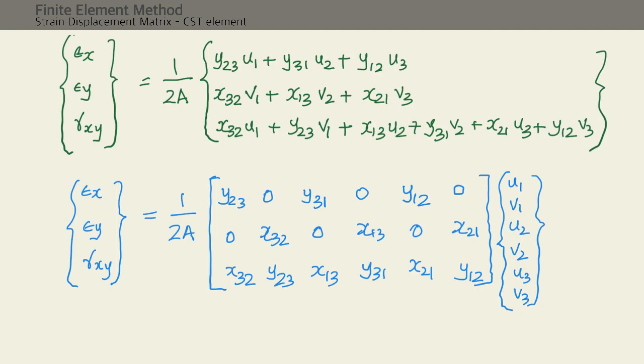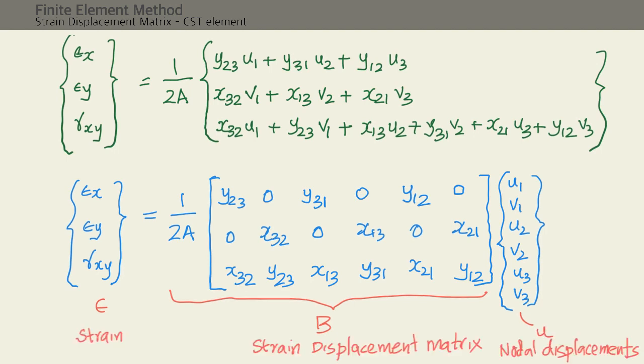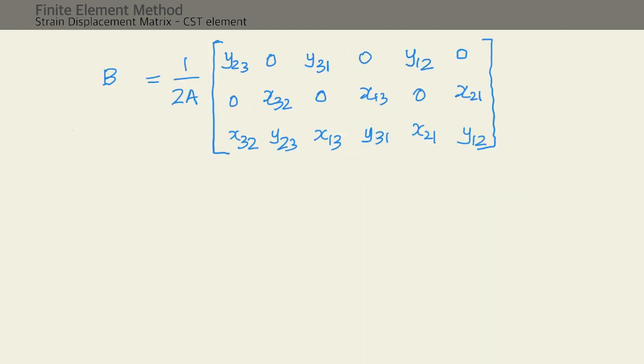This is the strain, and this matrix is the strain displacement matrix B, and this is the nodal displacement vector U. You can also write this expression in a compact notation as epsilon is equal to B into U, where epsilon is this vector, U is this vector, and B is this matrix. Finally, we have the strain displacement matrix B.